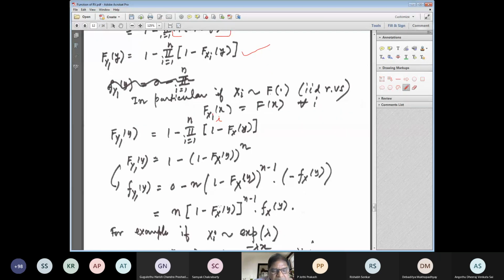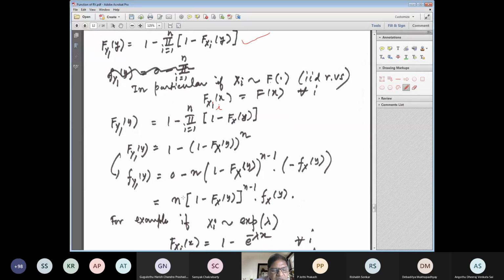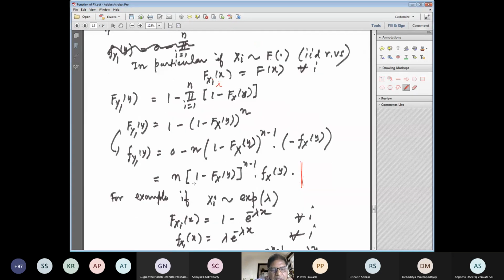If you write this, it will be n (1 minus F_X(y))^(n-1) f_X(y). This is the standard result for the density function of the minimum of these n random variables if they have an identical distribution. If they are not identically distributed, then we have the earlier result which we derived.